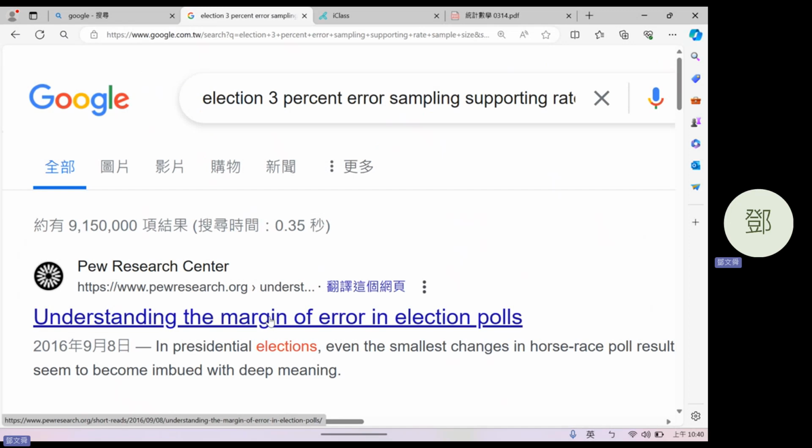Understanding the margin of error in election polls. That's what we have been told during election, and that is also what we will be told in future elections, because the theory always holds before and after the election. It always holds at all times, because it is a statistical theory. It is always true.